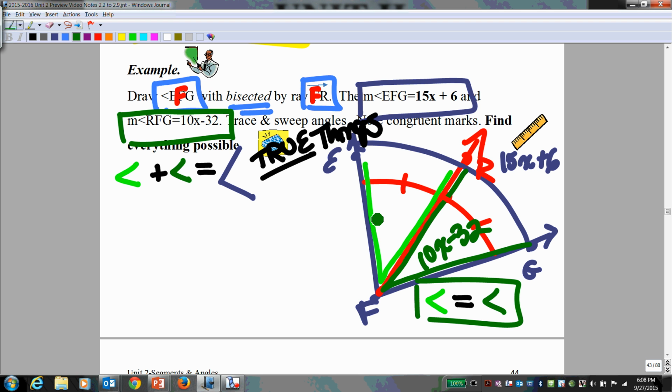So let's see what we can do. This angle, 10x minus 32. And then over here, blue, this is 15x plus 6. The problem is we don't have anything for this light green. But wait, we do.